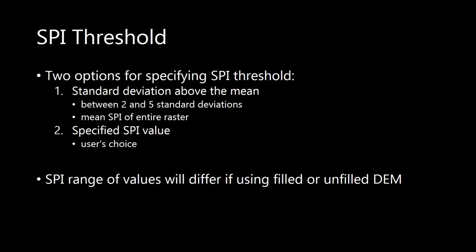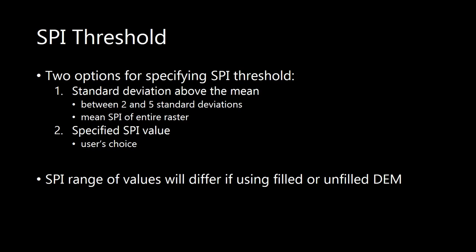The second thing to pay attention to is how you specify the stream power index threshold. One option is to say how many standard deviations above the mean you want it to be before a grass waterway is sited. You can choose between a range of 2 and 5 standard deviations, taking a half a standard deviation step each time. And this considers the mean of the stream power index raster, and this is of the entire raster.